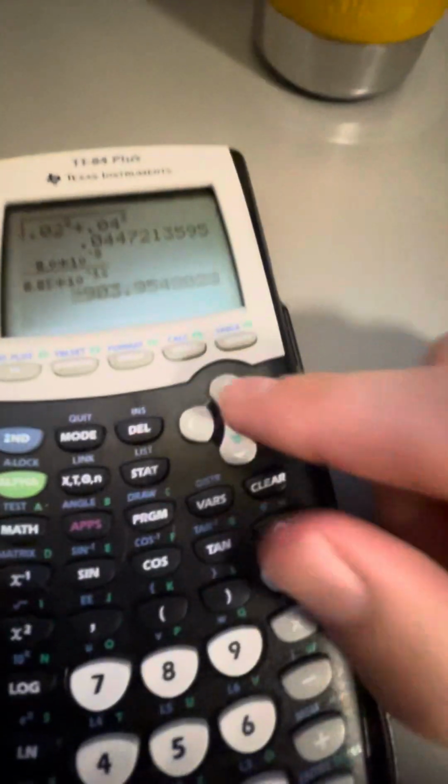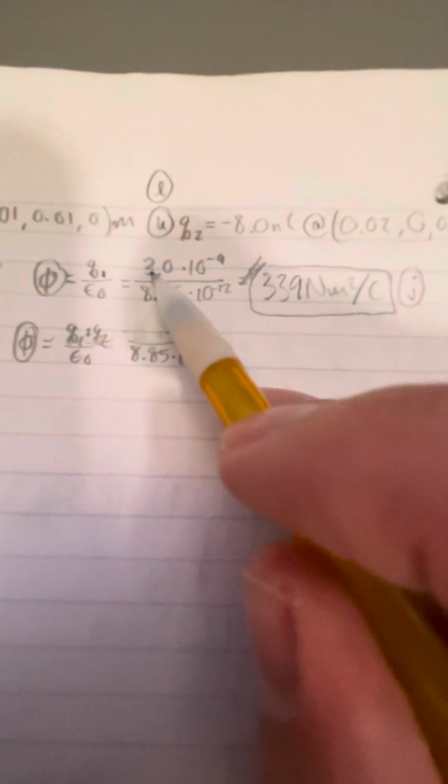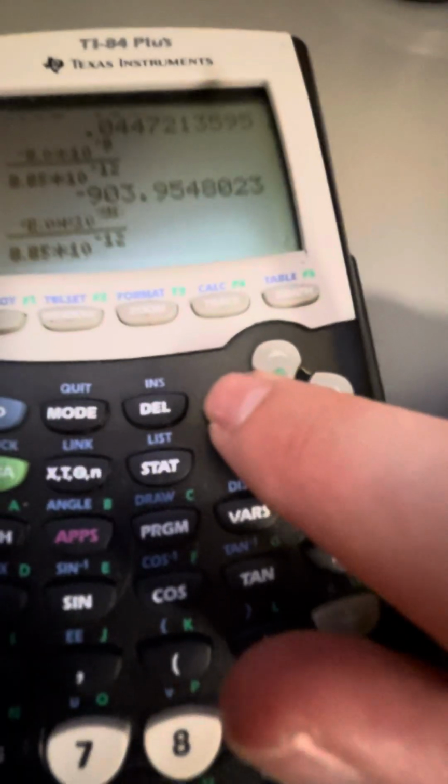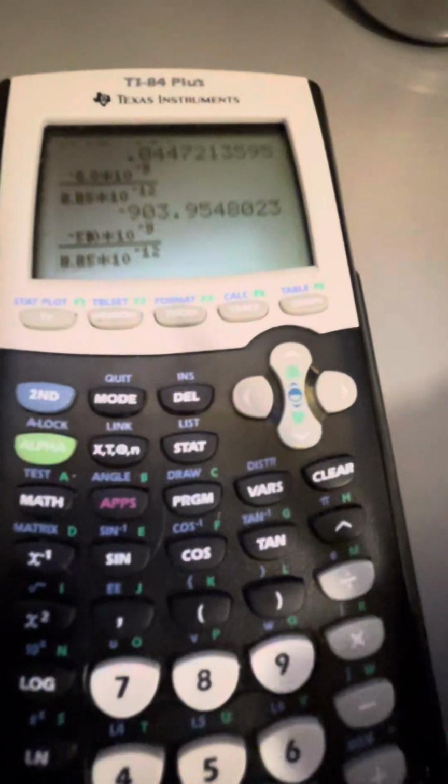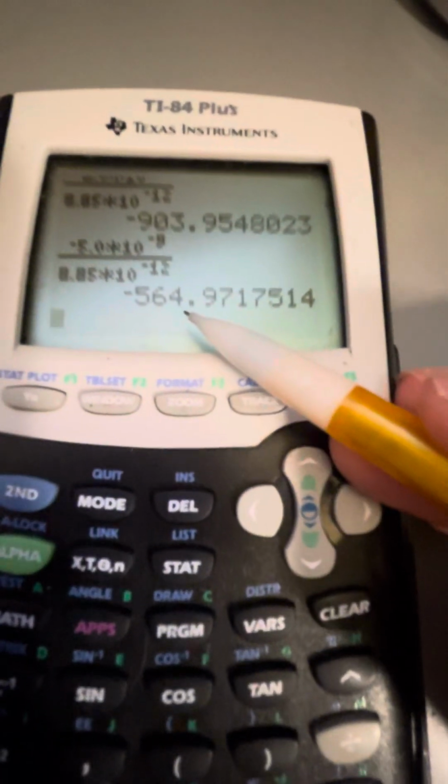So that's Q1 plus Q2. That's not -8. I was about to say, that number didn't sound right. So we have to do essentially the 3 nanocoulombs plus the -8, which is just going to be -5. So instead of -8, we can just say -5. Okay, yeah, that sounds about right.